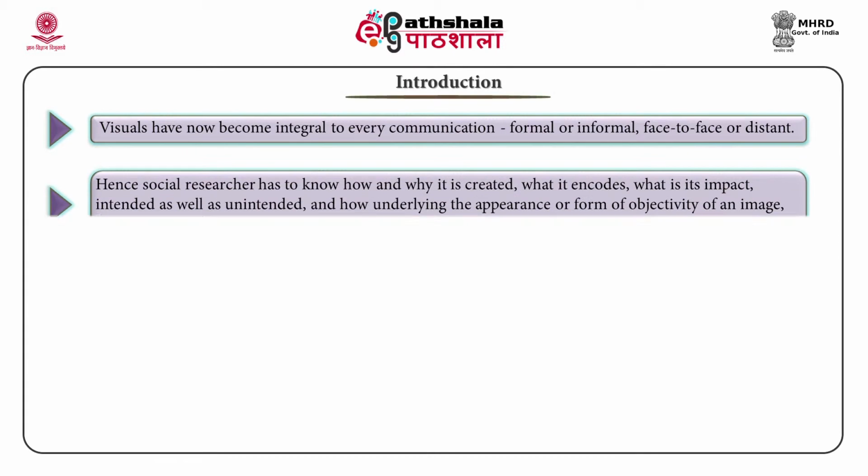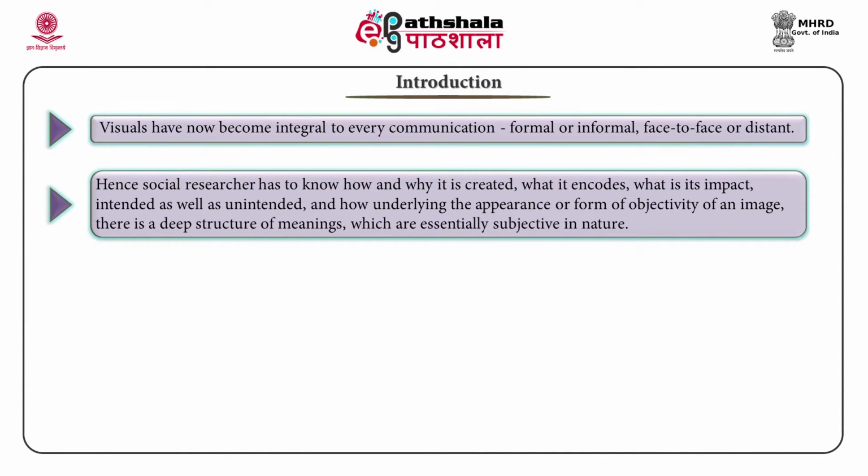Hence, the social researcher has to know how and why it is created, what it encodes, and what is its impact, intended as well as unintended, and how underlying the appearance or form of objectivity of an image, there is a deep structure of meanings which are essentially subjective in nature.